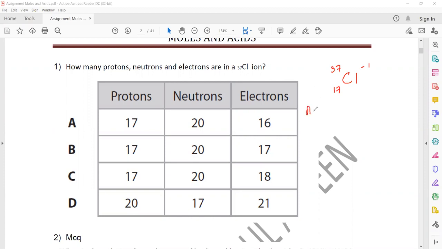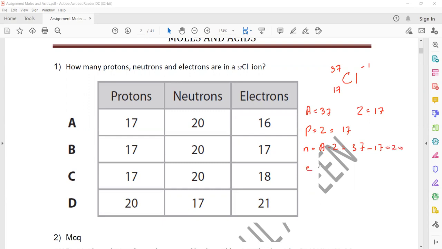Here A is 37, the nucleon number, and Z is equal to the proton number, which is 17. To find the number of protons, that is equal to Z, so it is 17. To find the neutron number, that is A minus Z, which is 37 minus 17 equals 20.